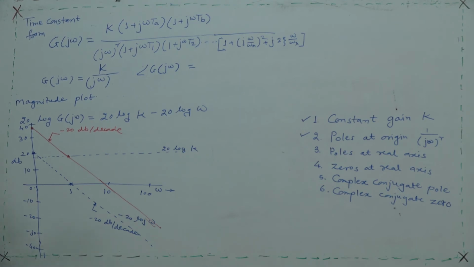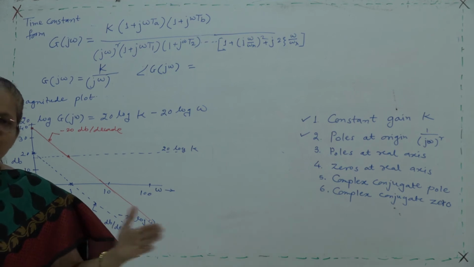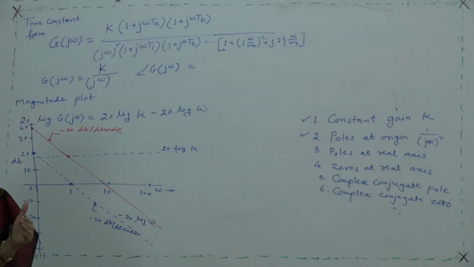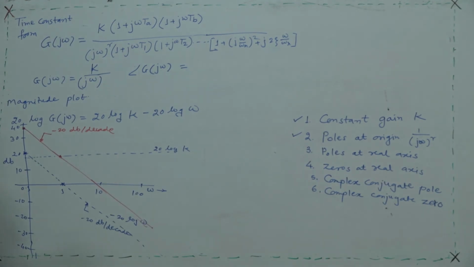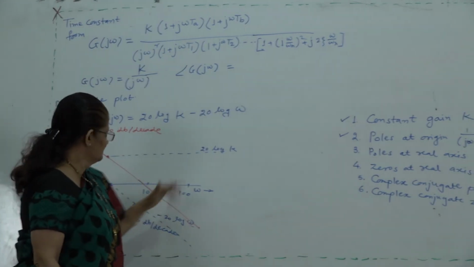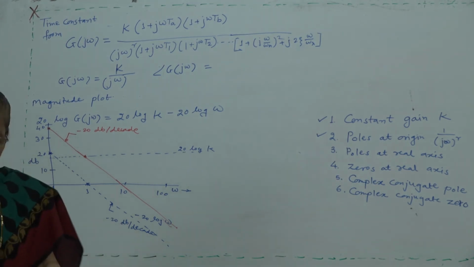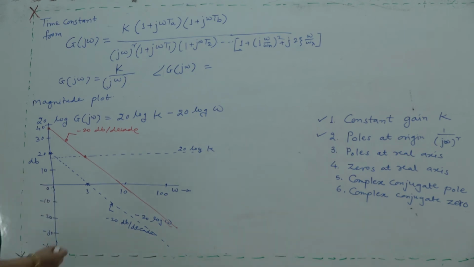So, advantage of the Bode plot is this, that separate terms you can combine together. So, separately if you know how to draw, then combine it together and you will get the plot like this. Is it clear? Now, consider the phase. What is the angle?